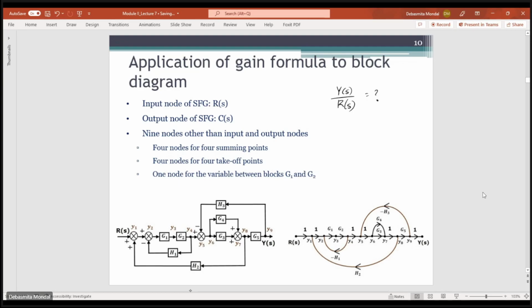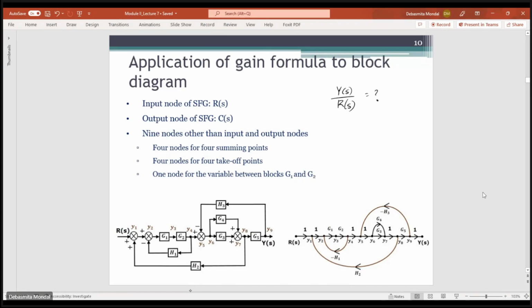And you see that between the blocks G1 and G2, there is a branch or a path. So the signal at this point will also be considered a node, Y3, let's say. In this forward path, we have covered all the points.